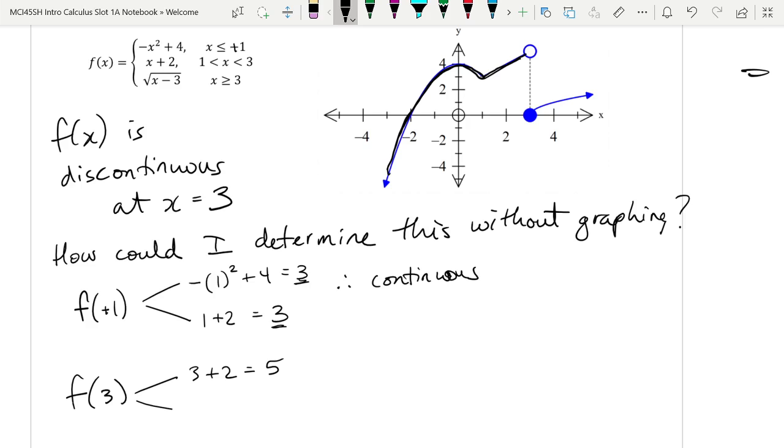And f of 3 would exist in the function square root of x minus 3, so that's 3 minus 3. Okay, which is 0. And since these two values are not the same, therefore it is discontinuous.